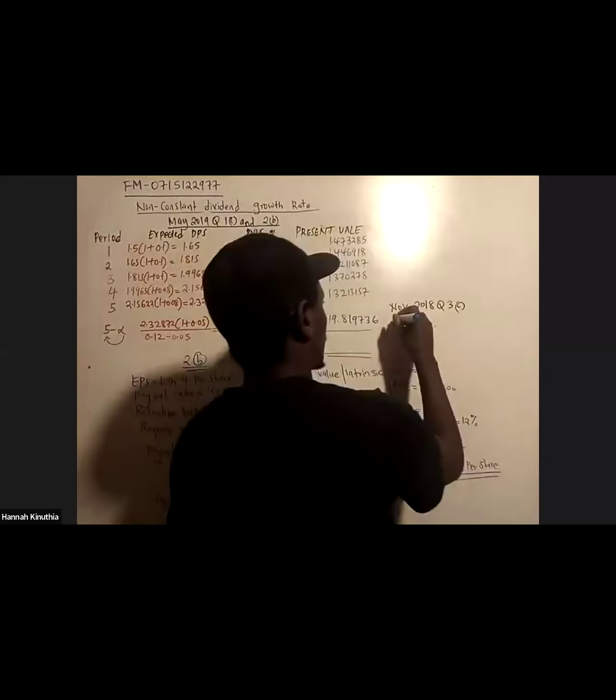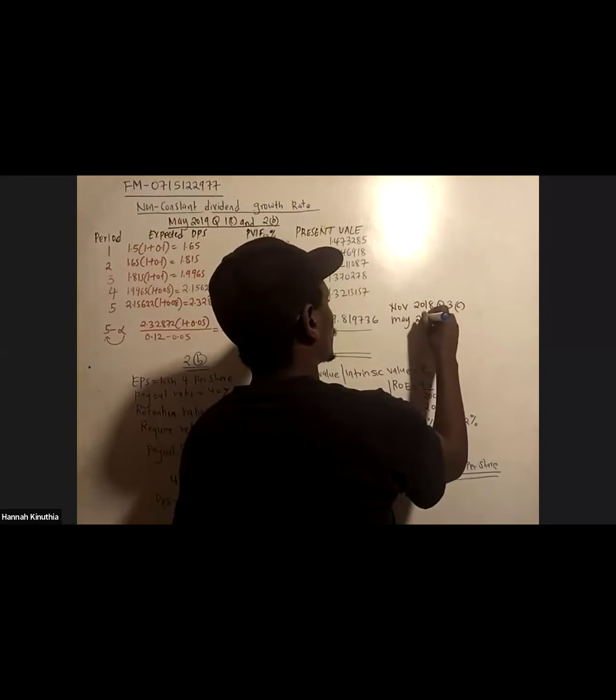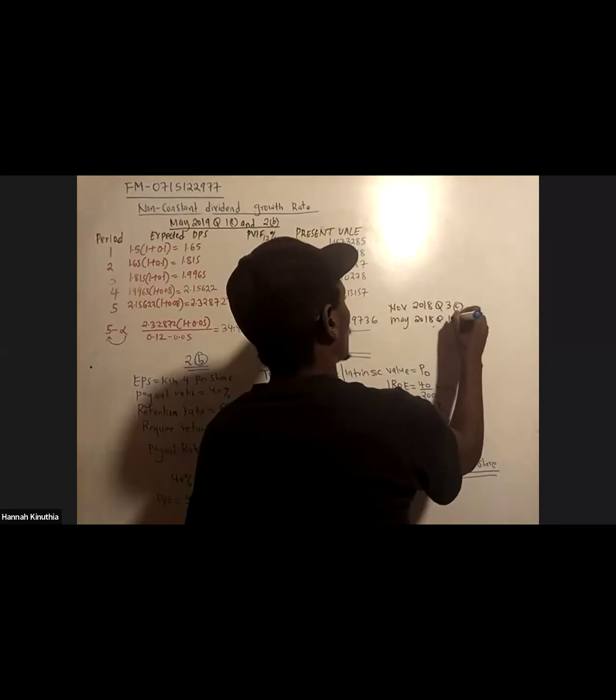Inafaa hiyo chini, hiyo setting iko tu chini yake hapo. Question number 3C. Haya. May 2018 1B, hiyo tulifanya jana. On Friday, sorry. Tulifanya on Friday. This one we did it on Friday, so you can do it again. You can check it.